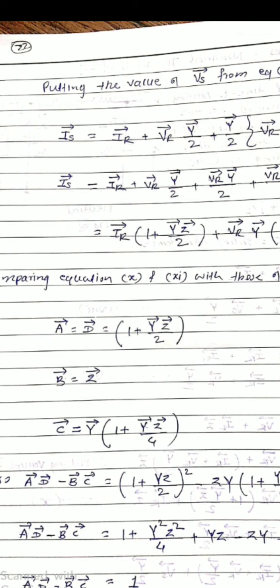So you get the values of A, B, C, D. Now put these values in the equation AD minus BC, simplify, and you get the same as the previous requirement: AD minus BC is equal to 1.